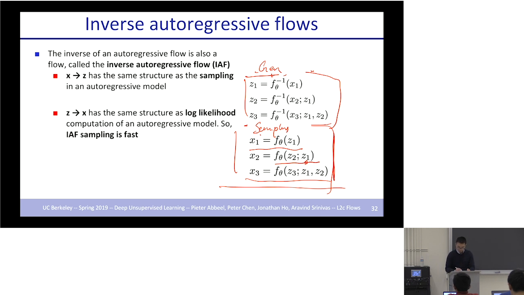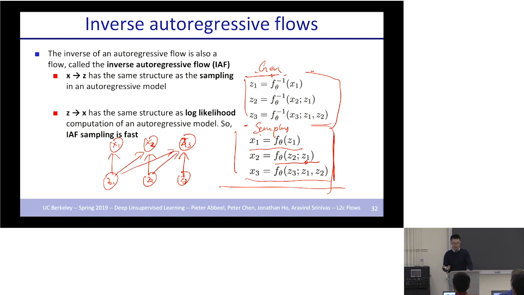If we draw the dependency map, it would look something like this. Z1, Z2, Z3. So basically, X1 is only dependent on this. And then X2 is dependent on X1 and Z2. And then X3 is dependent on X2 and then all previous random variables.